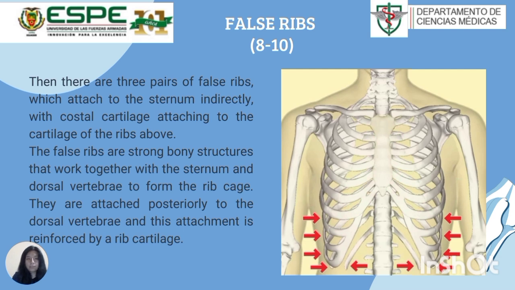The false ribs are strong bony structures that work together with the sternum and dorsal vertebrae to form the rib cage. They are attached posteriorly to the dorsal vertebrae, and this attachment is reinforced by rib cartilage.